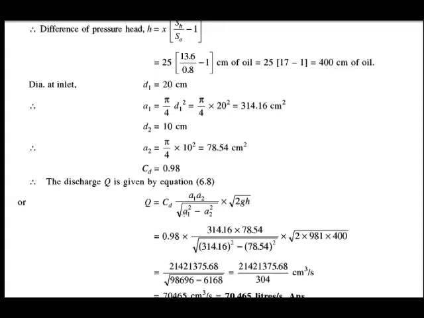Q is equal to CD into A1 A2 upon in bracket square root of A1 square minus A2 square into under root of 2GH.